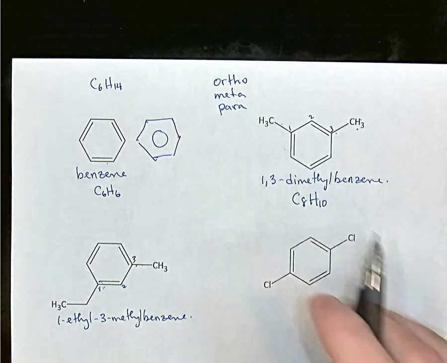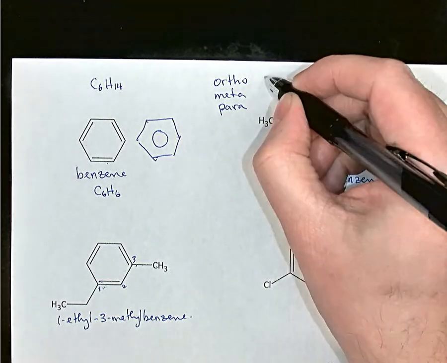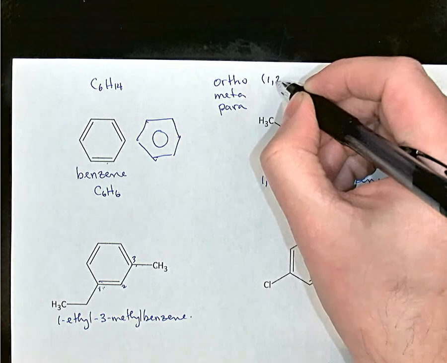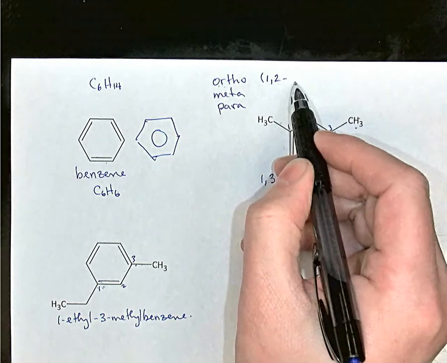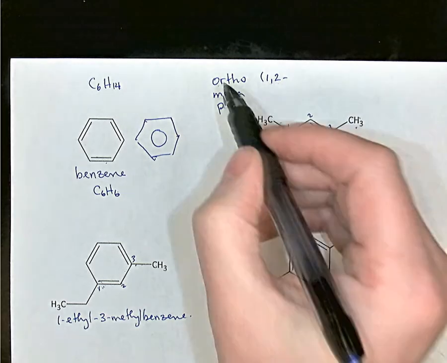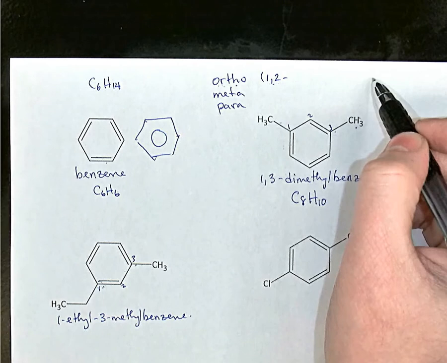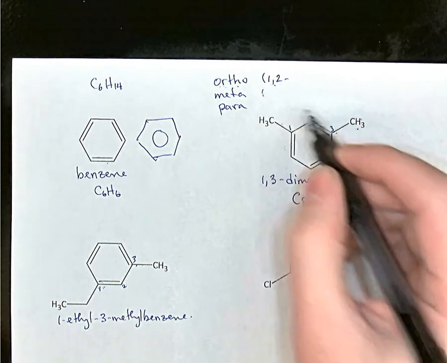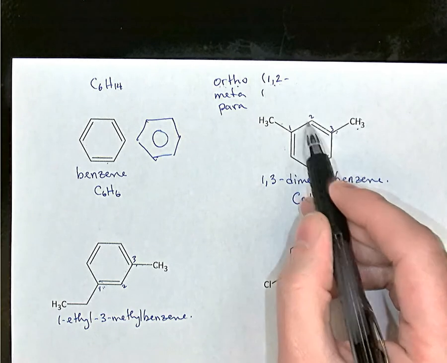If you have 2 branches that are side by side, on neighboring carbons, so in this case it would be like calling it 1,2-di-something, then instead of saying 1,2-dichloro, you could simply say ortho-dichlorobenzene.